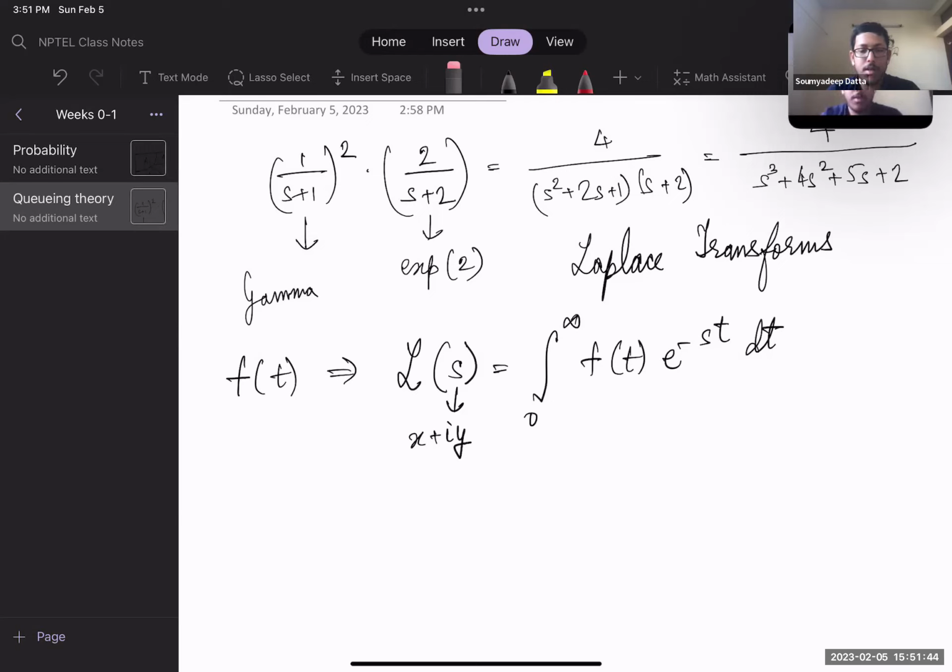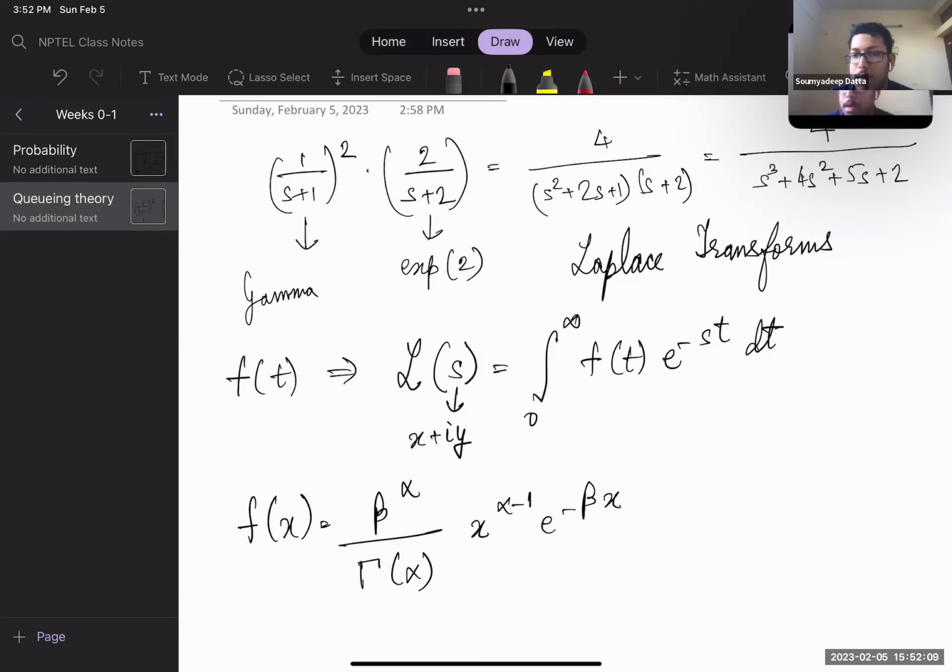Just to revise, this is another popular distribution where f of x equals beta to the power alpha over gamma alpha, x to the power alpha minus 1, e to the power minus beta x, for x greater than 0. This is the notation of the gamma distribution with parameters alpha, comma, beta.